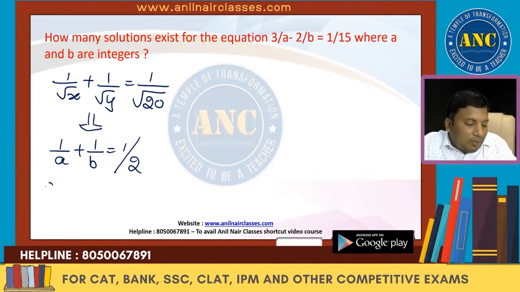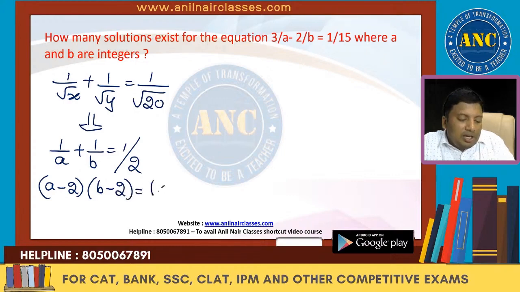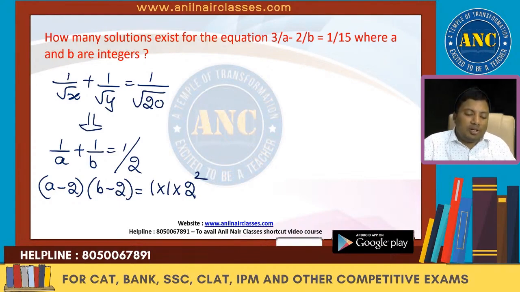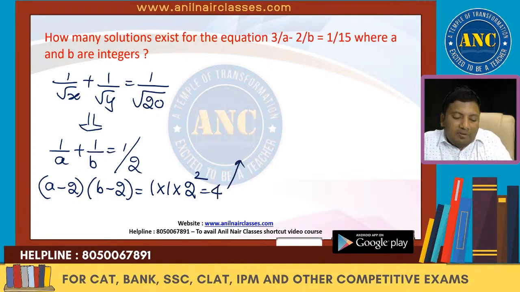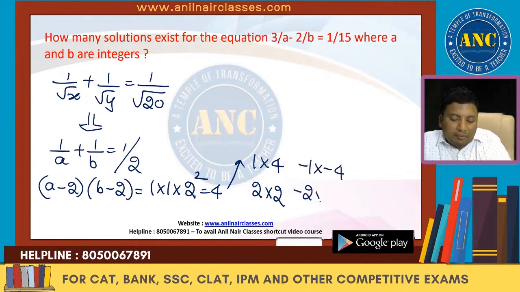So this is nothing but x minus ac, y minus bc, a into b into c square. Are you all with me? 1 into 4, so this is nothing but 4. 4 is a smaller value. So it is 1 into 4. Next it is 2 into 2. Next it is minus 1 into minus 4. Next it is minus 2 into minus 2.